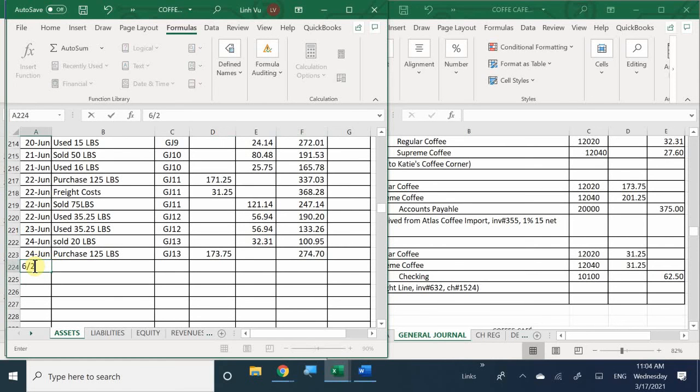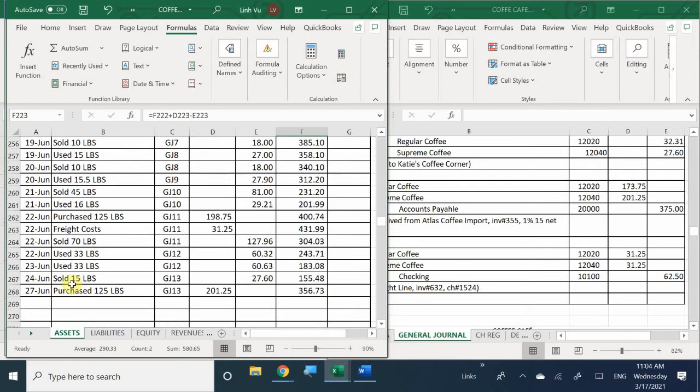So we received the freight line cost. So freight cost, general journal number 13 for $31.25. So therefore, what is my grand total I should have in my regular coffee? 305.95. Good.